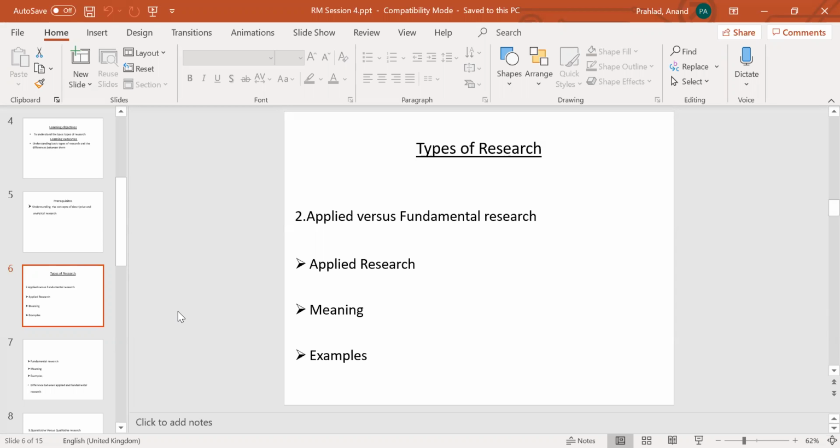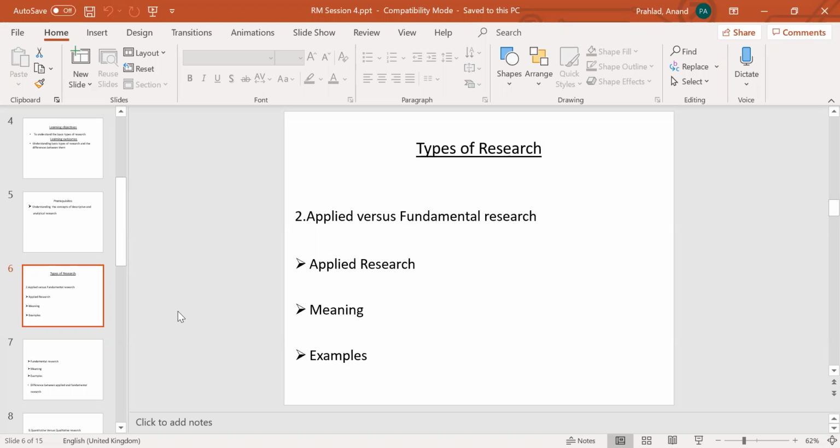In applied research, the aim is to draw certain conclusions or to arrive at solution for a particular problem. Here, the researcher in applied research tries to identify the social, economic, or political trends that may affect a particular institution.